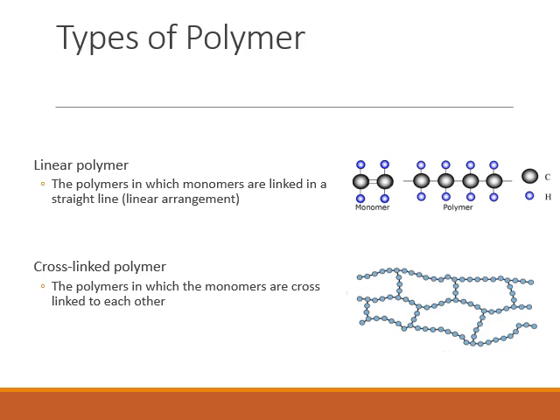Here you can see this is a monomer which is combined end to end to form a large chain of polymer. So you can see here the monomer is connected side by side and is making a linear chain in a straight line. So such polymers are known as linear polymers.